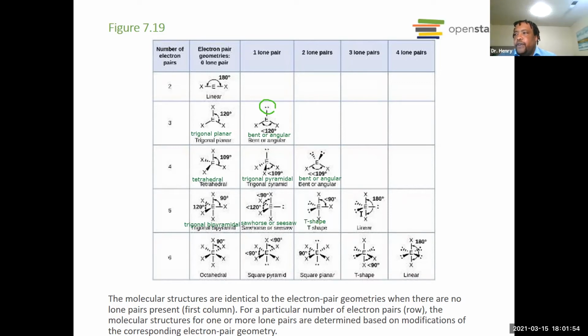And then if we have 3 lone pairs, then it's just going to end up being linear, because all the 3 lone pairs are going to be in the same plane together, and then the 2 attached atoms are going to be as far away as they can possibly be from it. Okay, and then in the case of 6 attachments with no lone pairs, octahedral.